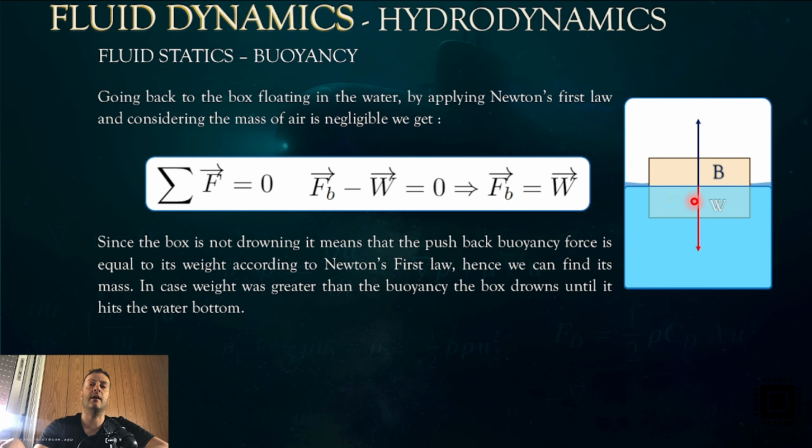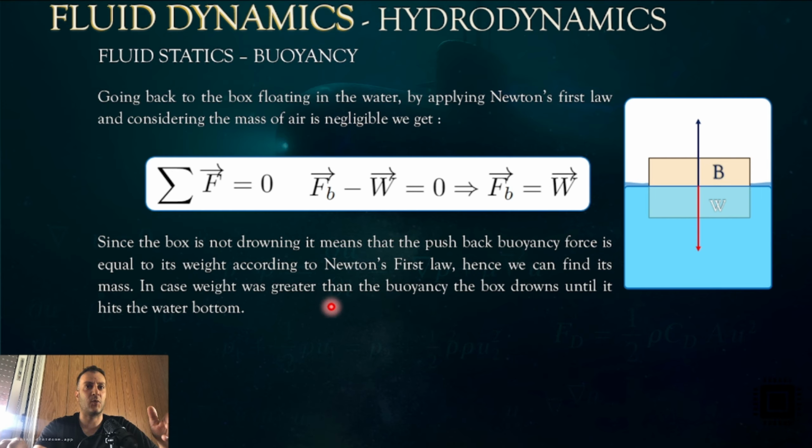If we take the downward direction as negative within this scale. Since the box is not sinking, it means that the pushback buoyancy force is equal to its weight according to Newton's first law. Hence, we can find its mass with this value of buoyancy.